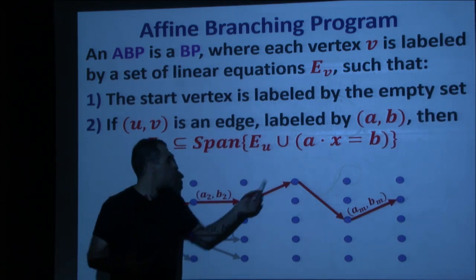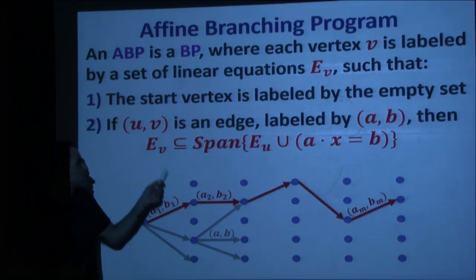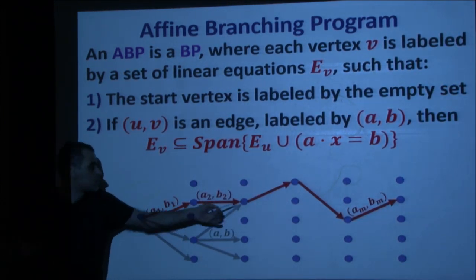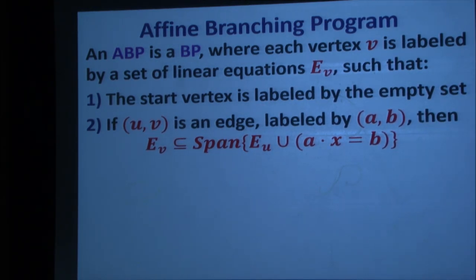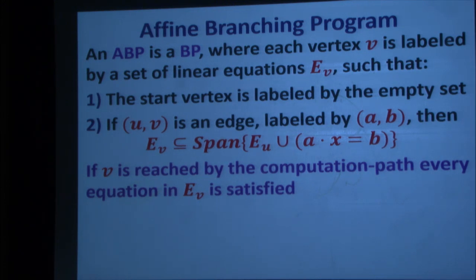We know that we cross the edge, so AX equals B is satisfied, and therefore EV must also be satisfied. So if you reached a vertex V by the computation path, then all the equations in EV must be satisfied.